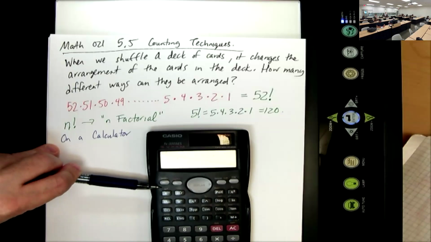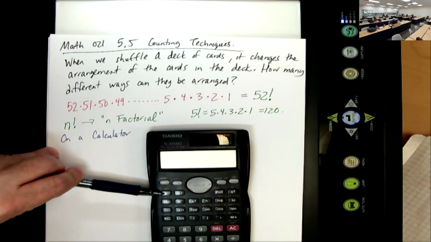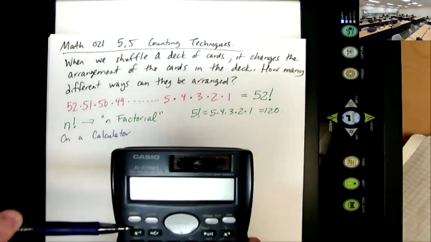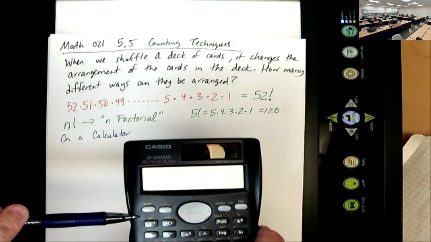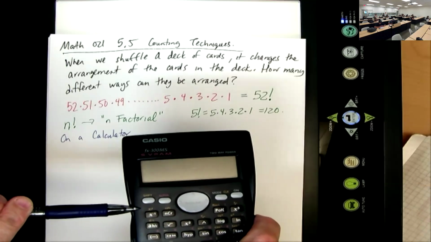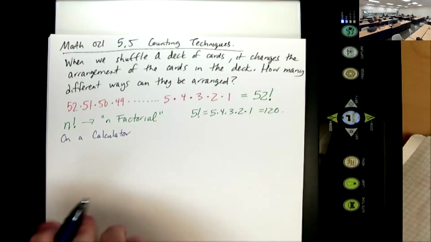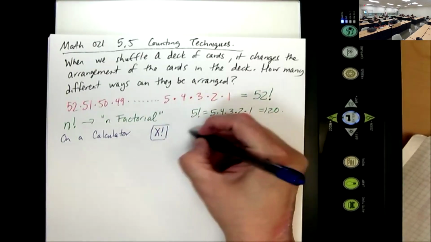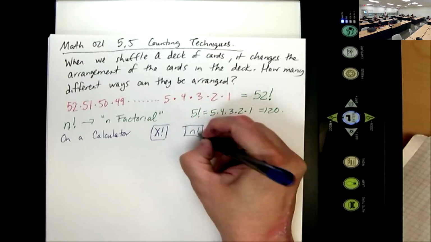It's above my key, so I have to hit shift and hit the button when I use it. I don't know if I can get that closer. X factorial is right there. So you might see a button that has x factorial, or you might see n factorial.